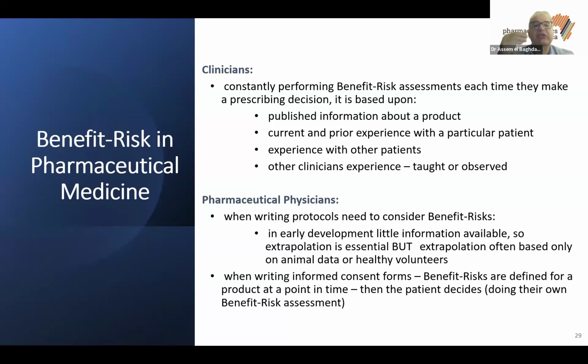Every time they write a prescription, they think about this patient: I saw him before, and I prescribed this 2 months ago. How is he doing now? Is he suffering? How much is this suffering? And so on. Before a clinician writes a prescription, they always ask the patient, how have you been getting on with the treatment so far?